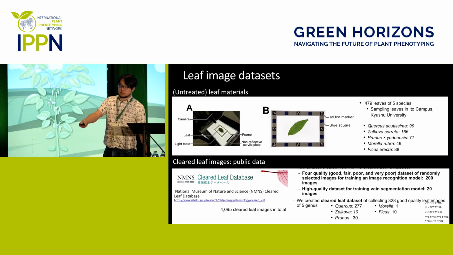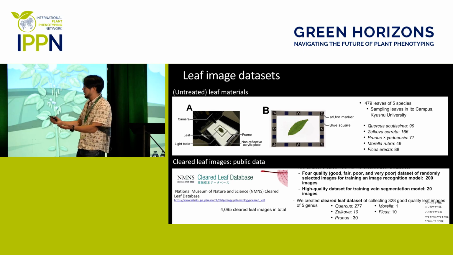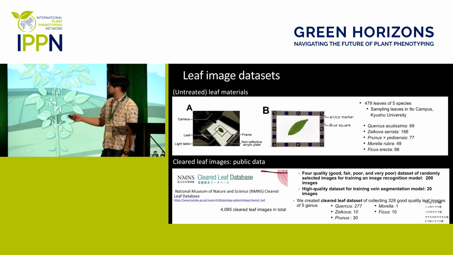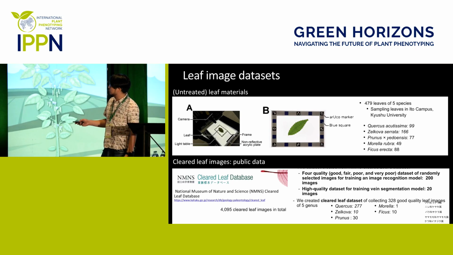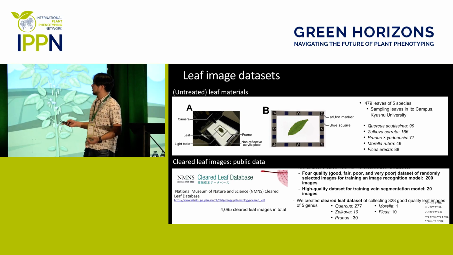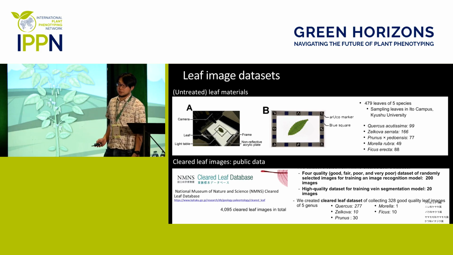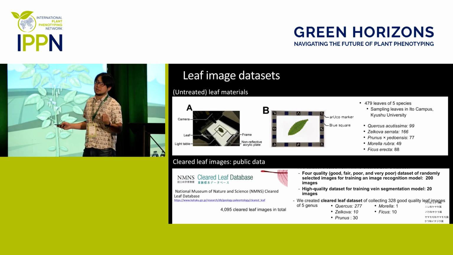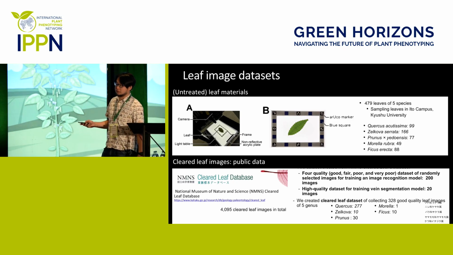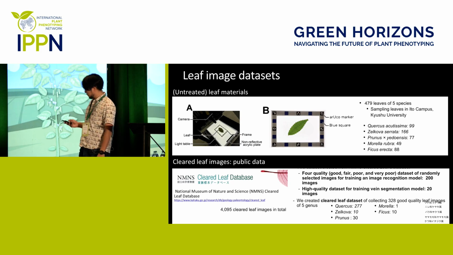I put the leaf material on this light table, then captured the image data with a digital camera with a specific frame which has some markers. We can correct the distortion based on this marker information. And if needed, we can introduce size information by using these markers.